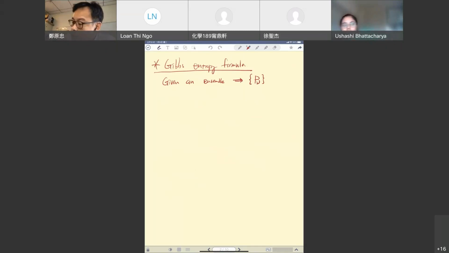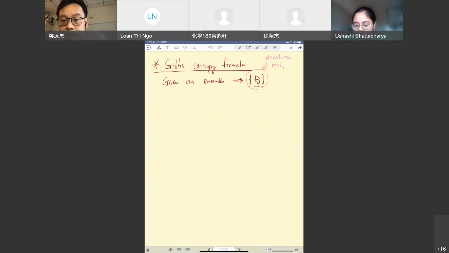Okay. So when I say P nu is the probability of the nu-th microstate, and when I use this curly bracket to enclose it, this notation means the collection of all instances of P nu. That is the probability distribution.